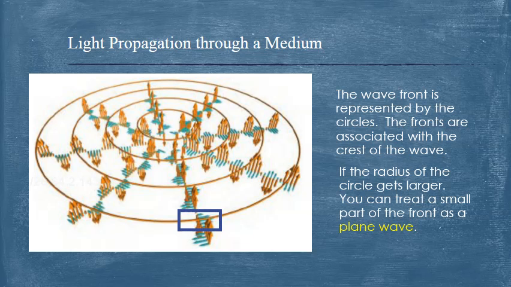When the radius of this circle that's propagating out gets large, then if you're up close to the circle, it appears that this is a planar surface, and we can treat these waves as plane waves. And these blue squares represent where we could treat them as plane waves.